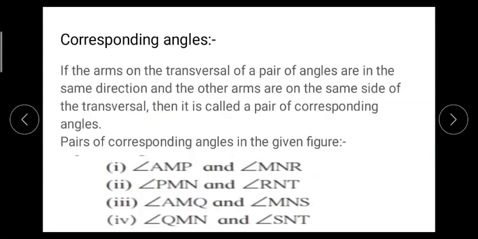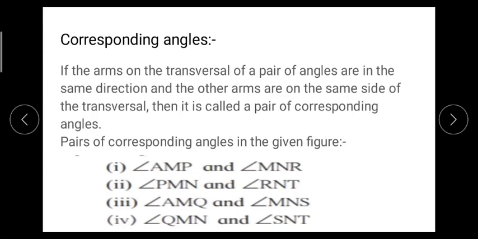Then write down these corresponding angles. It's there on page number 7. Page number 7, corresponding angles. That full paragraph you have to write down in your notebook. And below that, you have to write down pairs of corresponding angles in the given figure.